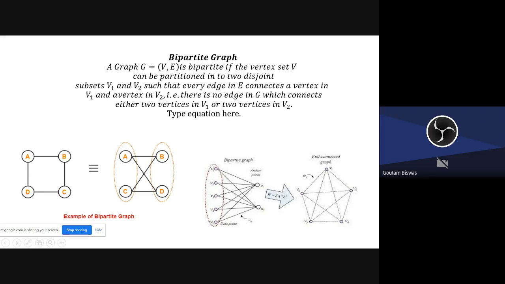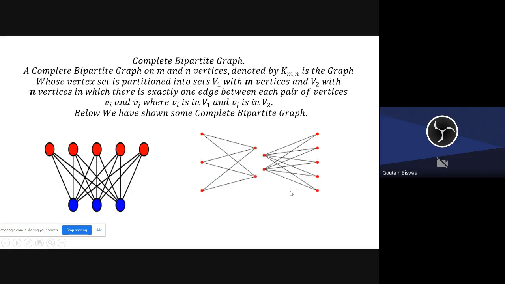These are two distinct sets in such a manner that they are connected to each other, but not connected within their own set. That's why it is called a bipartite graph. And this bipartite graph can be converted to a fully connected graph, okay, by means of this transformation. So I left it. Next is a complete bipartite graph.